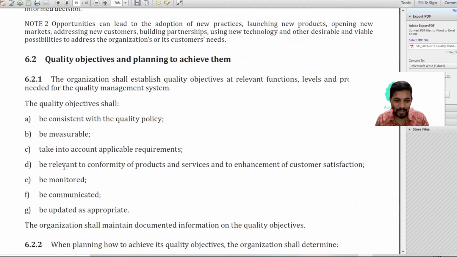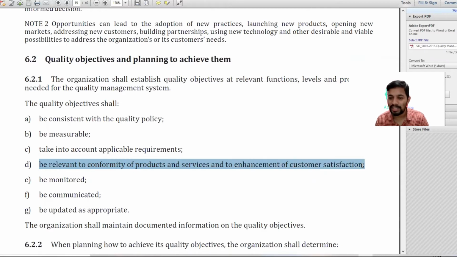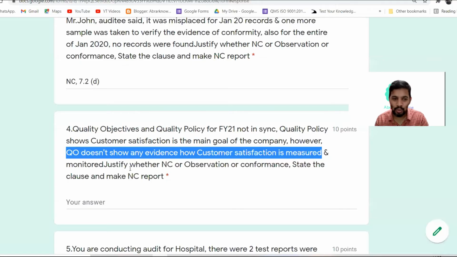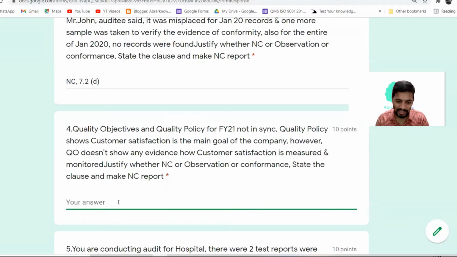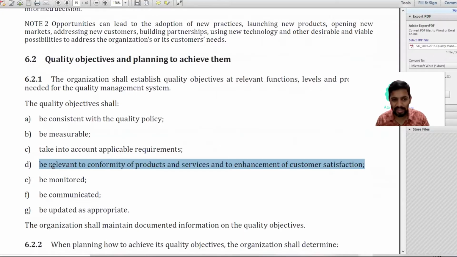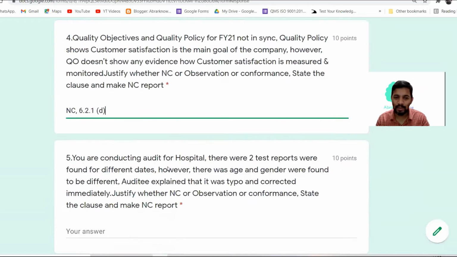In this case, you see the D point: be relevant to the conformity of products and services and to the enhancement of customer satisfaction. So enhancement of customer satisfaction is a mandatory requirement. So it's a clear-cut NC, and the class number is 6.2.1, and more specifically D, right? Why D? This is what D talks about. Let's go to the other one.